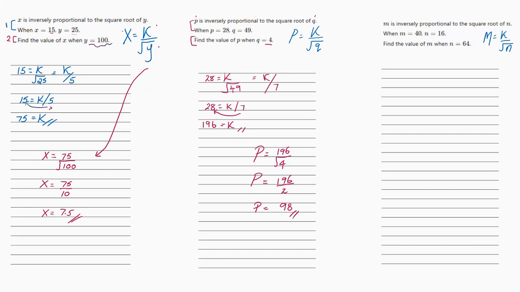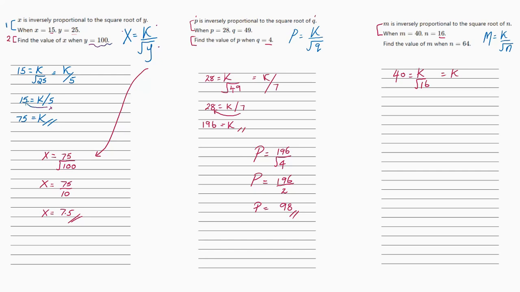And then finally, m is inversely proportional to the square root of n. So we're working on these first, step 1. So what do we have? We have 40, which is our m, equals k divided by the square root of n, which is 16.